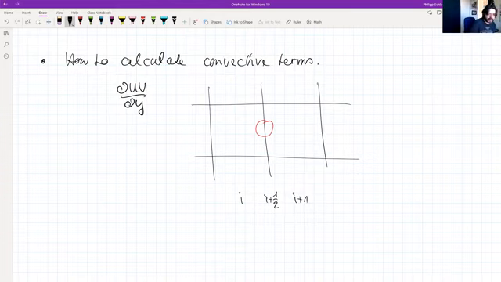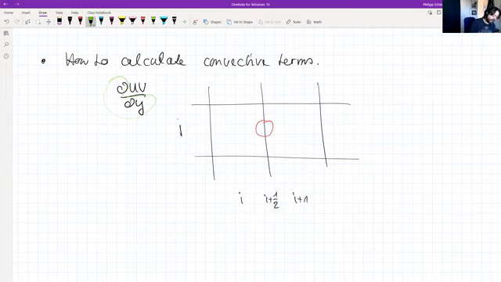So how would I do that? This would be J. Now for this term, I realize the outermost bit is to calculate a derivative in y. So the last step would be to do finite differences in y.